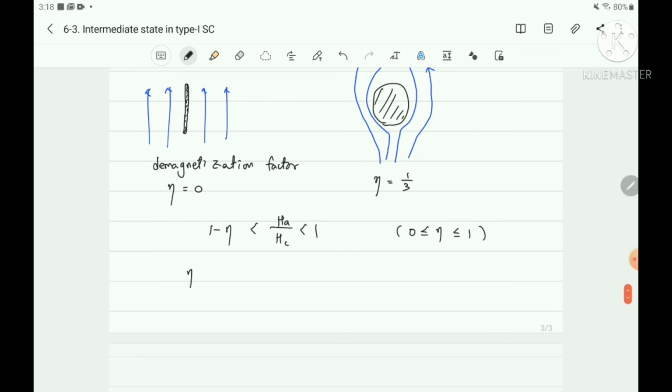In this case, the demagnetization factor equals 0 for a thin cylinder or a plate in a parallel field.